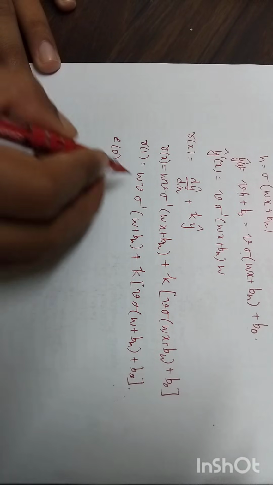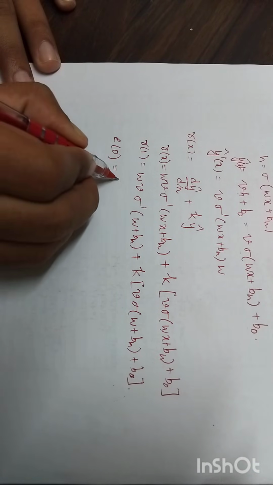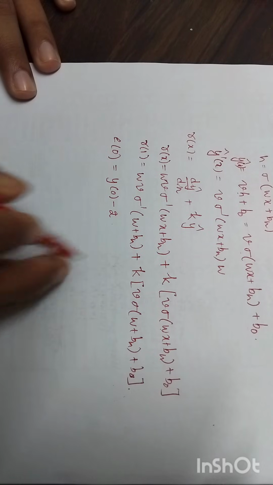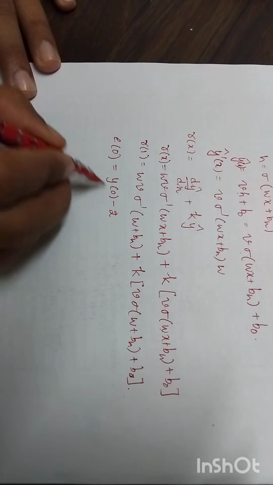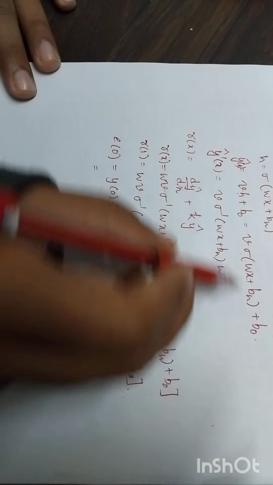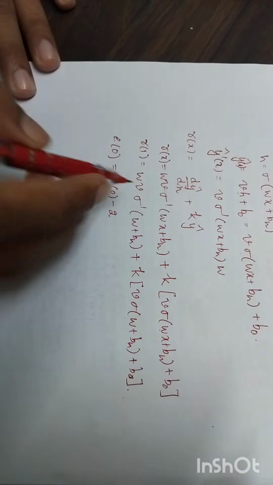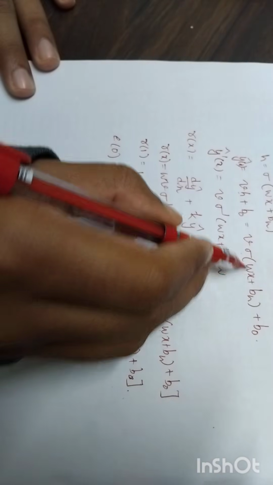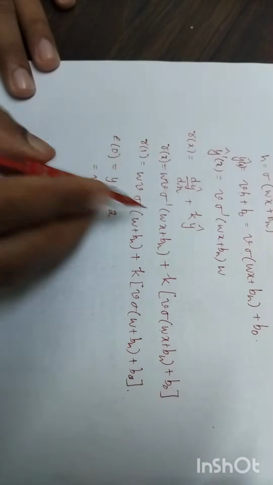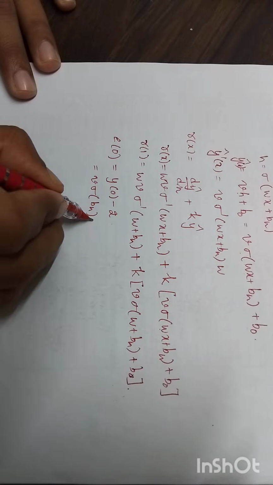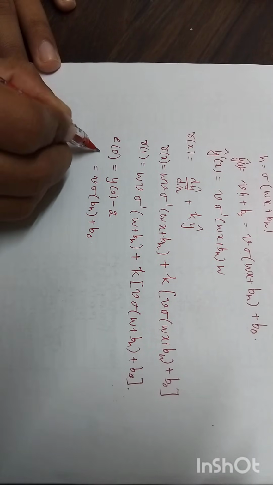So e of 0 would be y of 0 minus 2. What is y of 0? We have y of x, that is this. If you put 0 instead of x, then we get v into sigma of w times 0 plus bh, so sigma of bh, plus b naught. So this is e of 0.